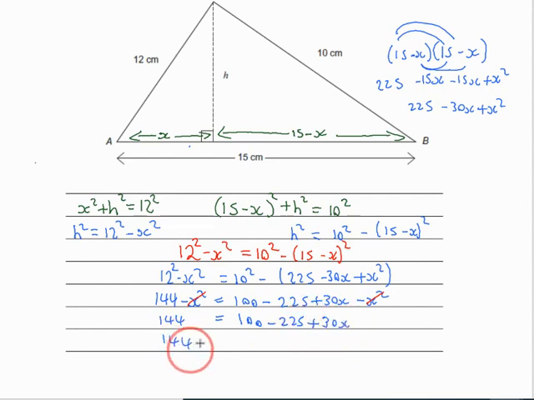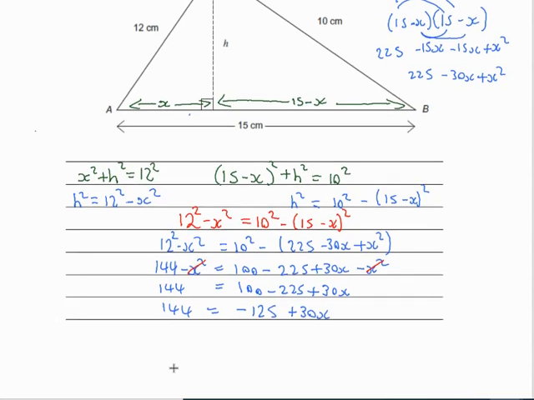So I'm left with 144 is equal to 100 minus 225 plus 30x. So 144 is equal to, well, 100 minus 225, that's going to be minus 125, plus 30x. And then 144 plus 125 is 269.